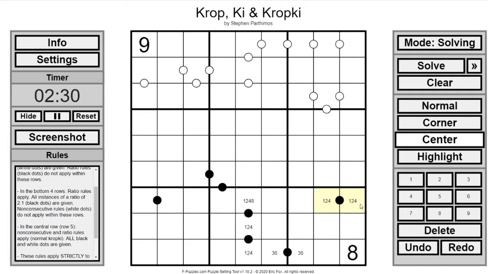I think 2 is guaranteed. So this can't be a 2. 4, 2, 1, that would work. 8, 4, 2 would also work. 1, 2, 4 would also work.